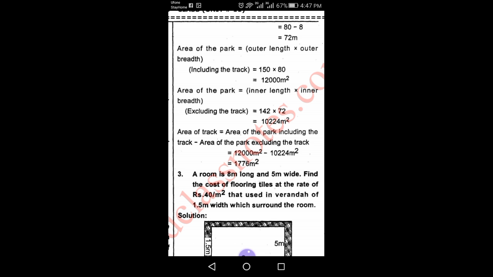Putting the values, the area of the outer park is 12,000 meters square minus the area of the inner park, that is 10,224 meters square. When we subtract these values, we get 1,776 meters square.